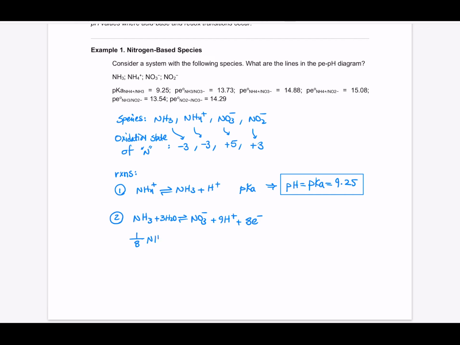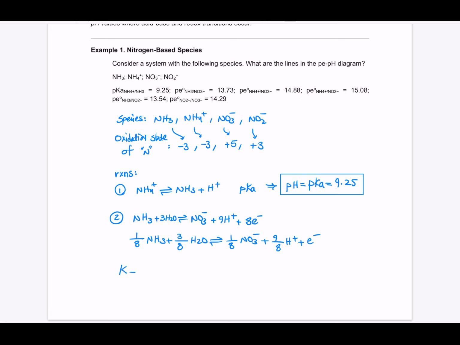Releasing 1 electron, plus 3/8 H2O, then forming 1/8 of nitrate, 9/8 of proton, and then electron. And now this is a reaction that we could work with, basically using the corresponding E0 value.